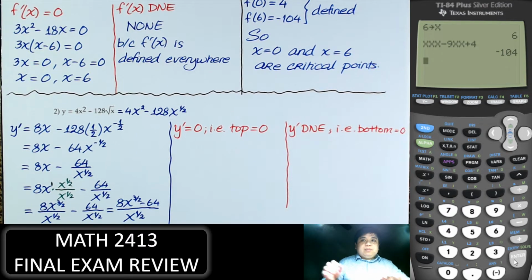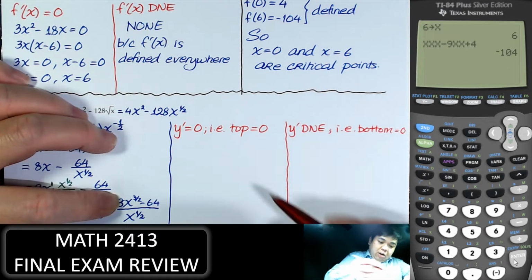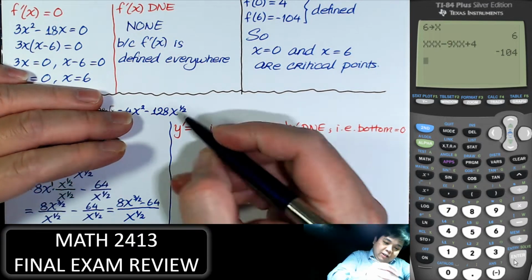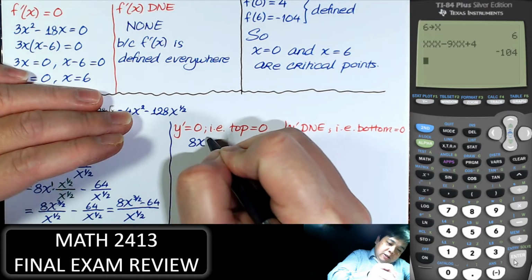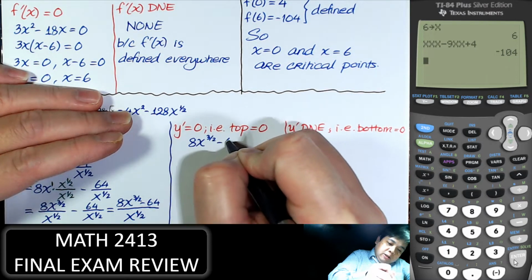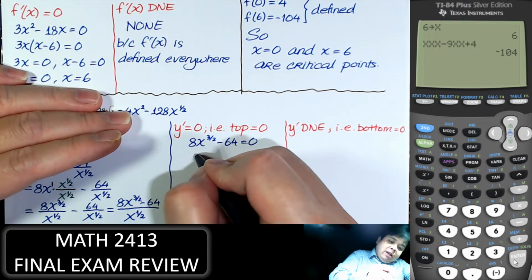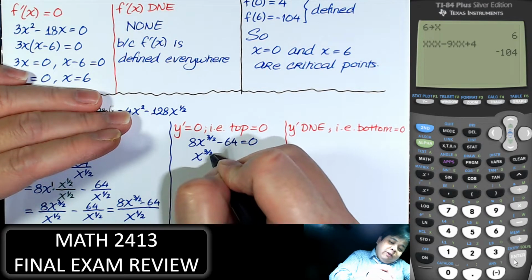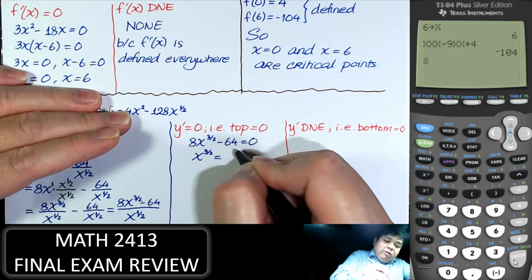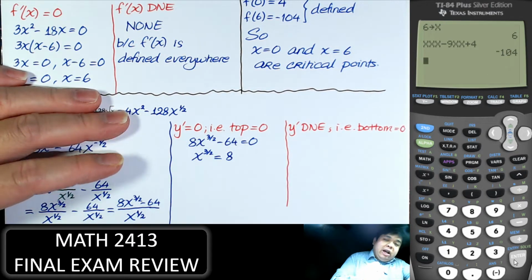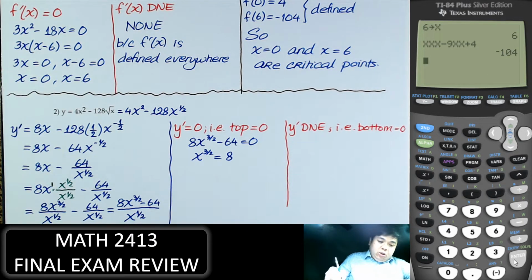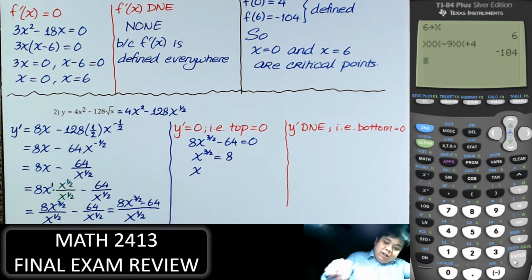So the top is equal to 0. Move the 64 and divide by 8. We have x to the 3/2 equal to 64 divided by 8, which gives us 8.